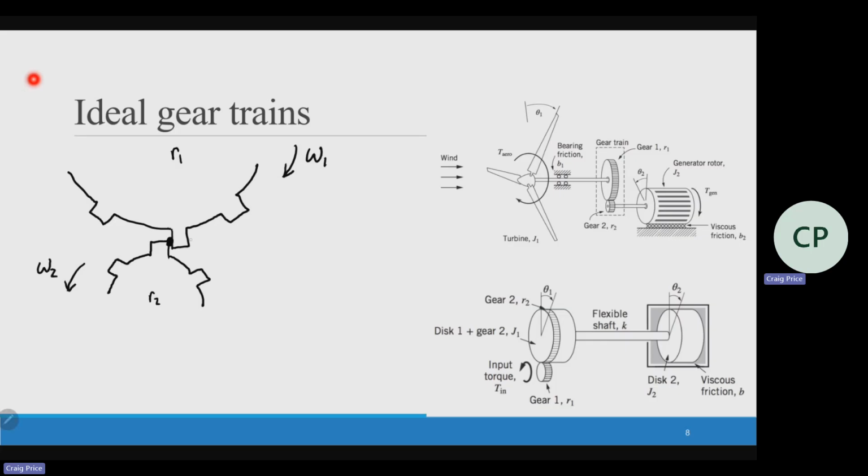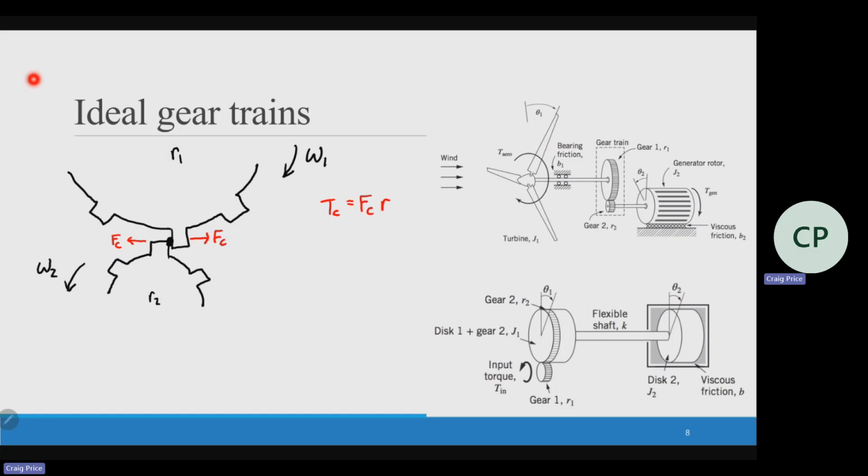Now this gear is going to feel a contact force pushing back on it. Gear 1 is going to try to move, but there's another gear in the way, which is R2. R2 feels that same contact force, equal and opposite, pushing on it. So the contact torque is just equal to the force times the radius.